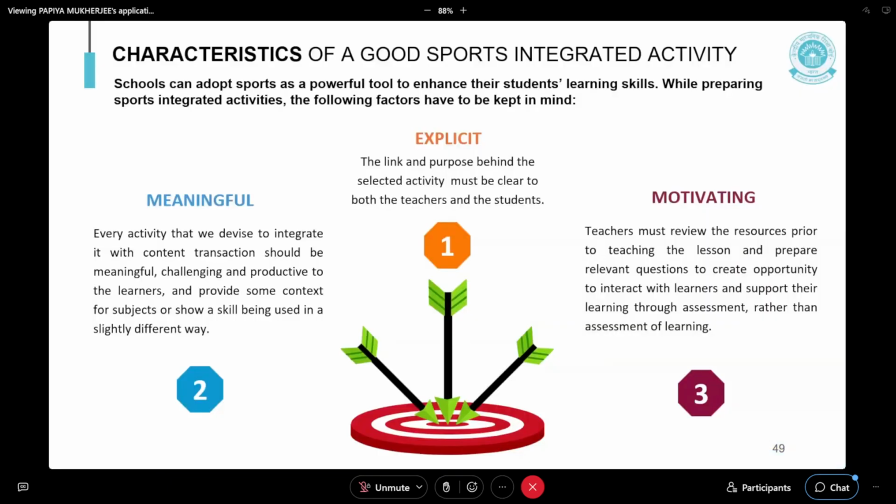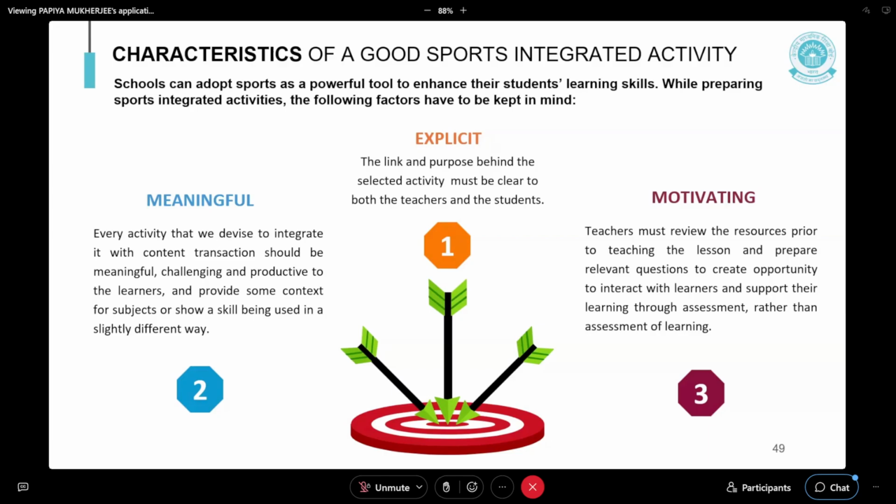What do we need to have a good sports integrated activity? Schools can adopt sports as a powerful tool. However, caution to be taken when we develop sports integrated curriculum on the following 3 parameters.